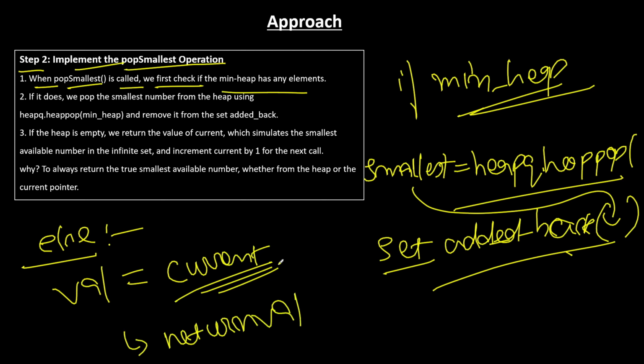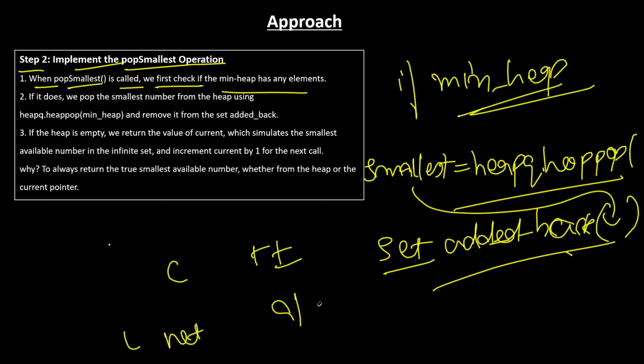Before returning, we increment the count. So this is what we do in the pop smallest operation, to always return the true smallest available number, whether from the heap or the current pointer.